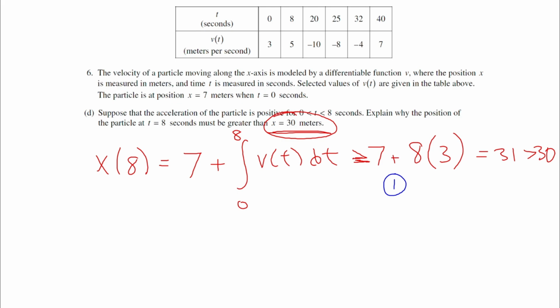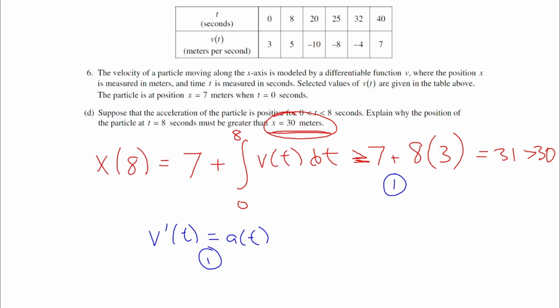But we know that the derivative of velocity is acceleration, and I think this is just maybe an old question where they wanted you to show that. I don't think that would be necessary anymore since this is now quite a few years old. But we know that v prime of t is equal to a of t. So they did give a point for saying that. So we should probably say that, even though it really doesn't affect how we go about solving the problem.